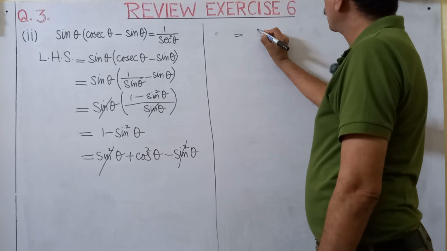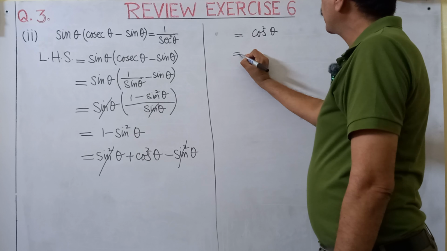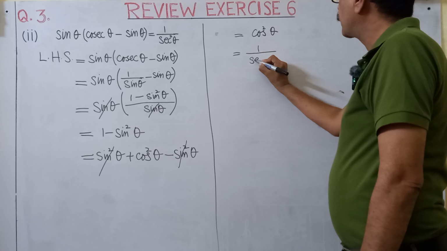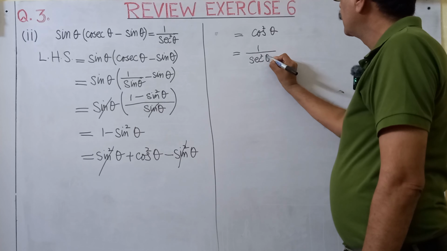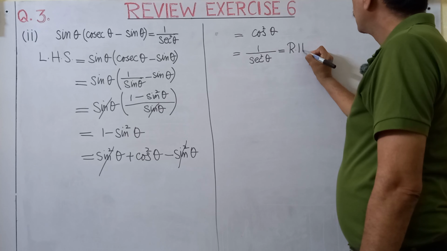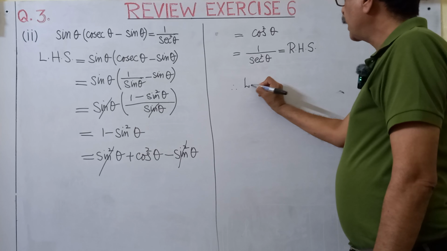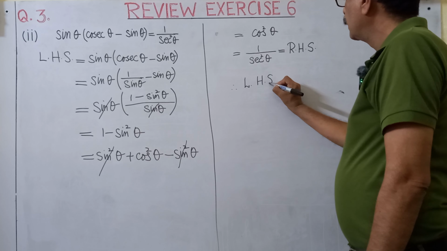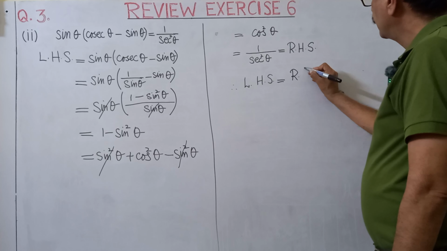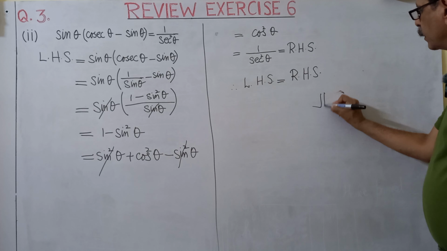This is further equal to cosine square theta. Cosine square theta can be written as 1 over secant square theta, which is the right hand side. Therefore, left hand side equals right hand side. Hence proved.